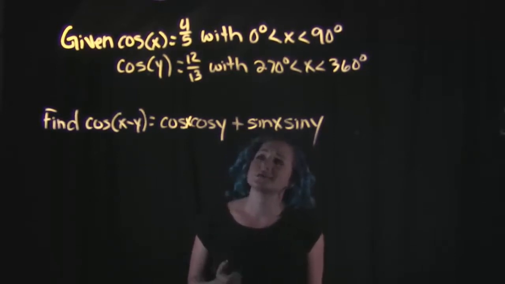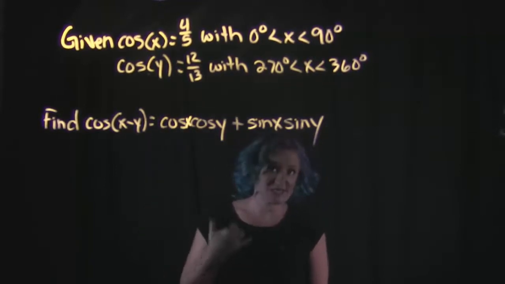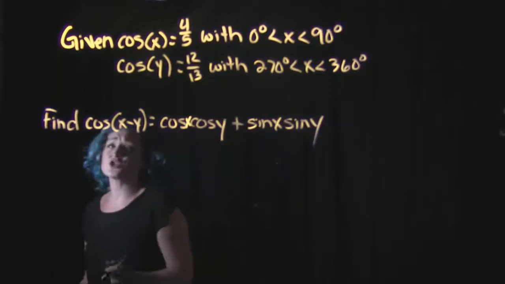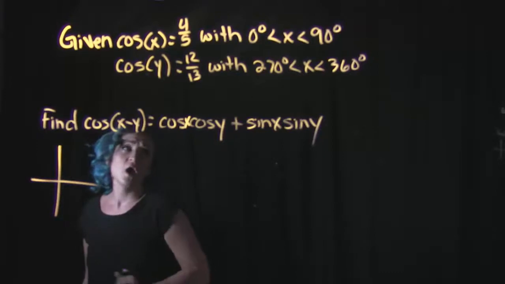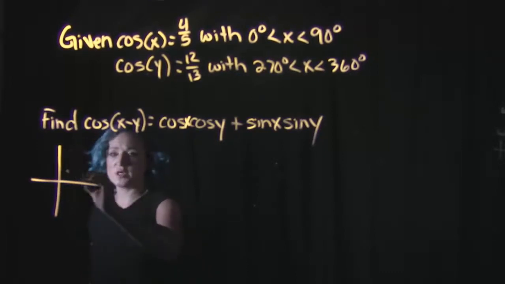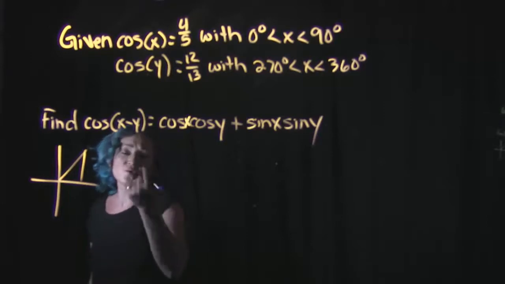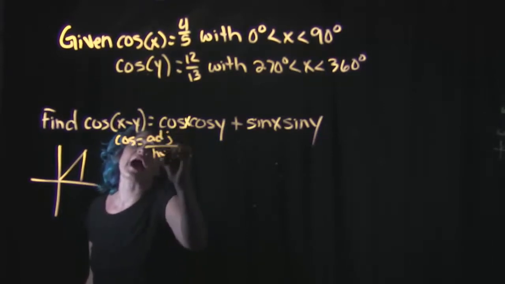So we know cosine of x and y, that was given to us in the problem. We need to figure out what is sine of x, what is sine of y. So let's start with cosine of x is equal to 4/5, so I'm going to draw that here. We're talking about our first quadrant. So cosine of x being 4/5. Remember that cosine is adjacent over hypotenuse.